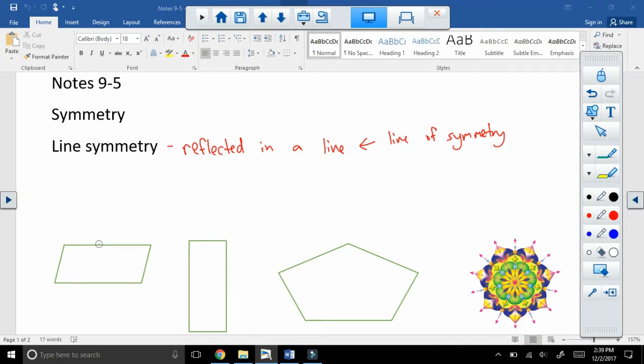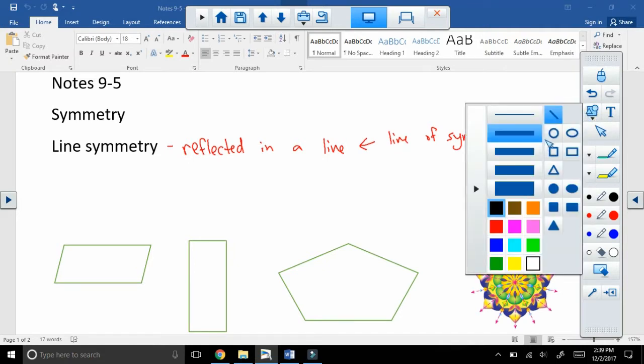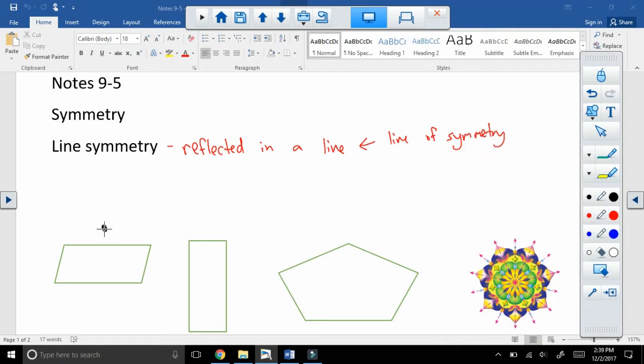So Bryce, how about you look at this first example of this parallelogram? Does that one have line symmetry? No. Why not? Because if you put that one down that way, it doesn't look like a square.